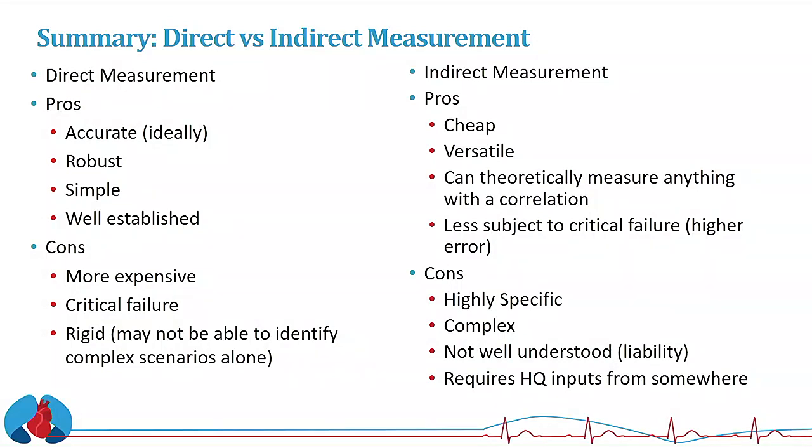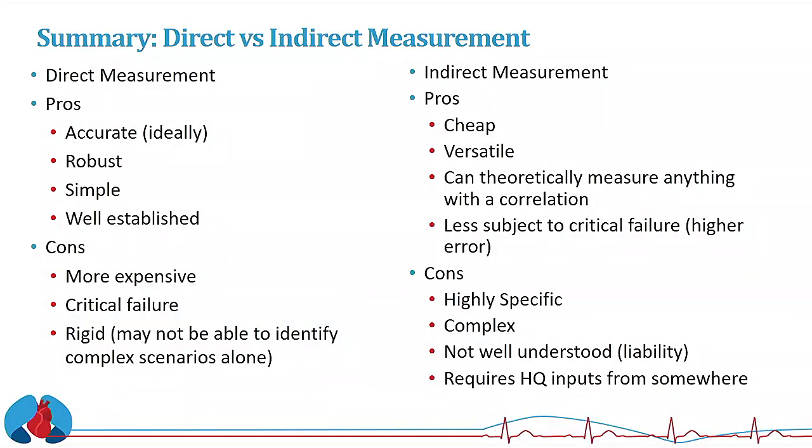So even estimators require some sort of high quality input from somewhere. Normally it's a lot simpler than what a sensor requires, but it still goes to show that estimators still rely on some signal from somewhere.